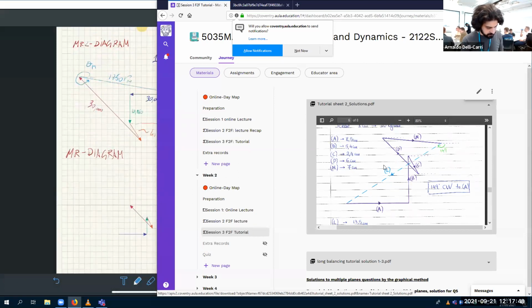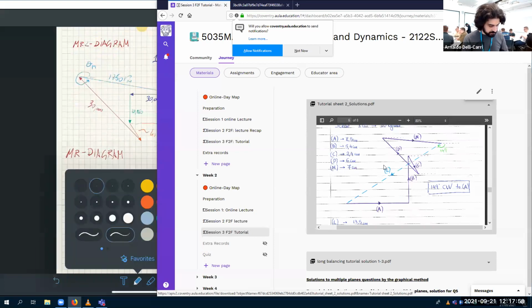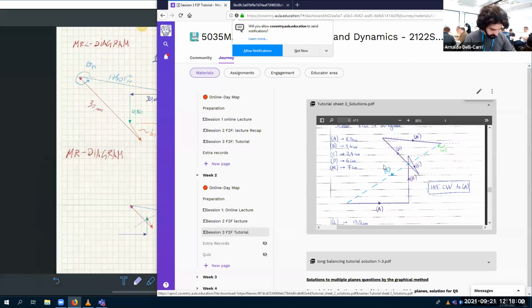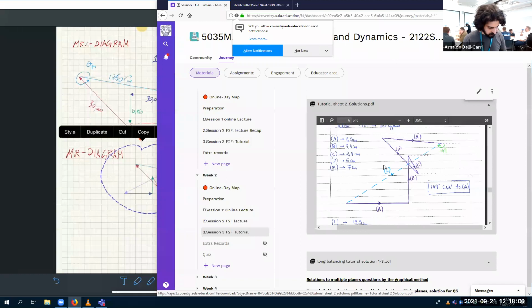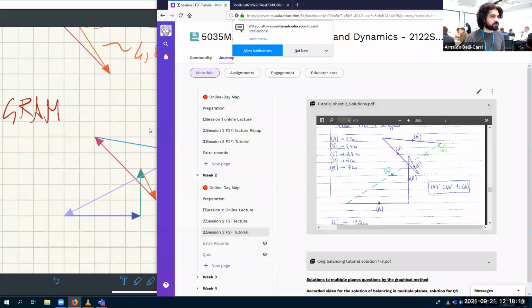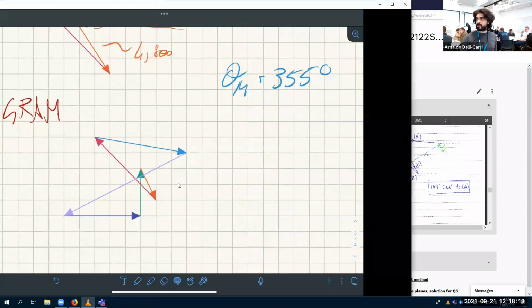And finally, you get this. Okay, guys, this is how the MR diagram looks.